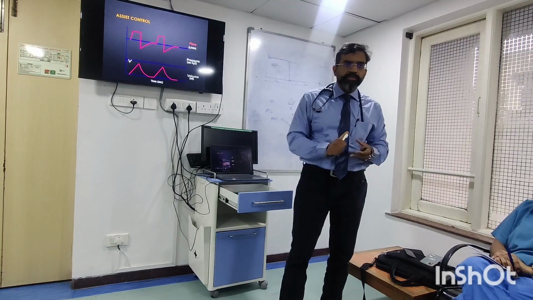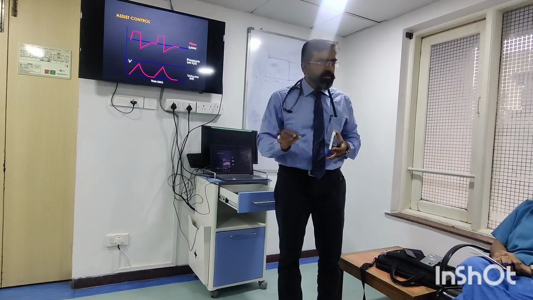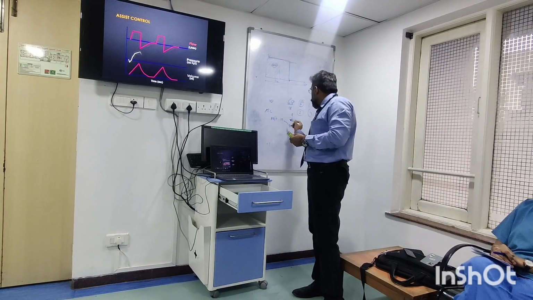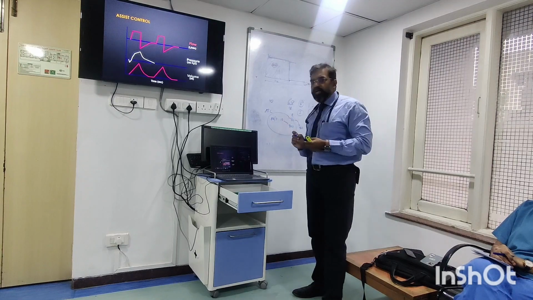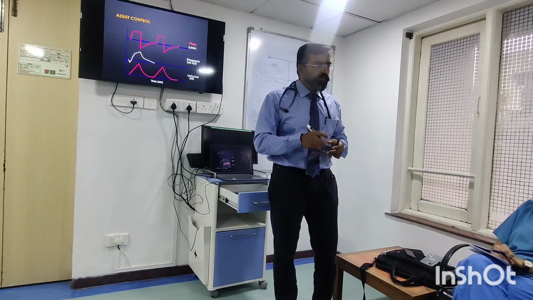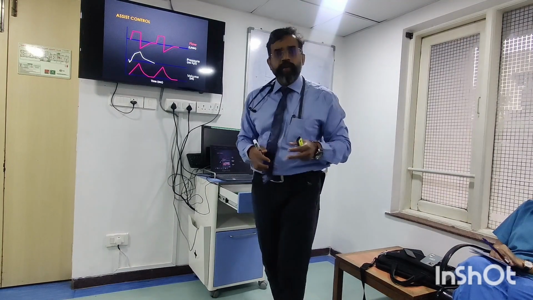No, that's not the answer. The answer is it will be the same volume delivered again and again. So if a volume controlled patient starts breathing excessively, becomes acidotic, he will get all the breaths assisted and limited at 500 ml.